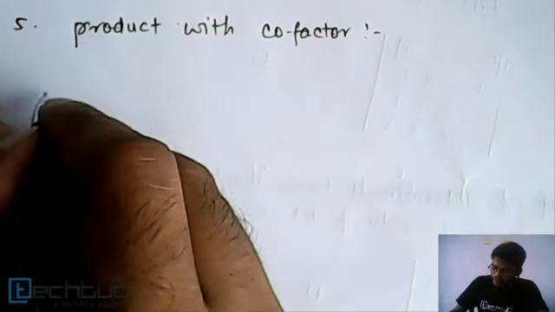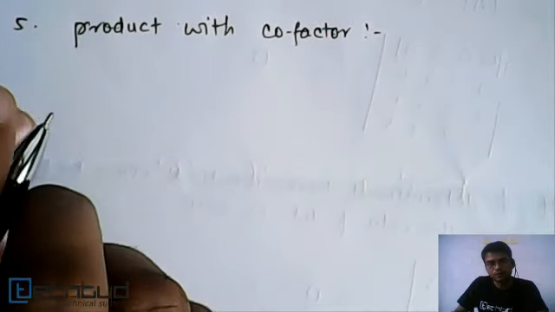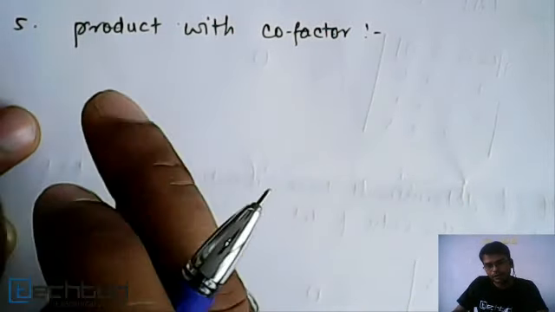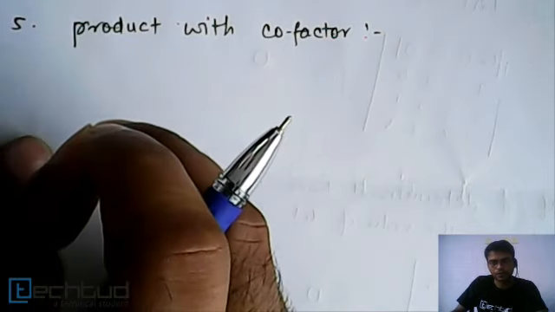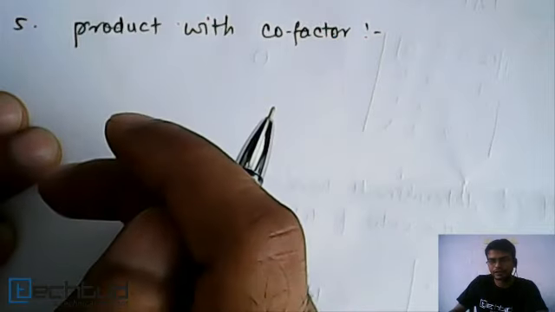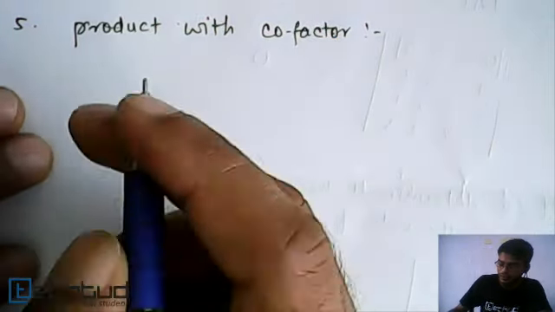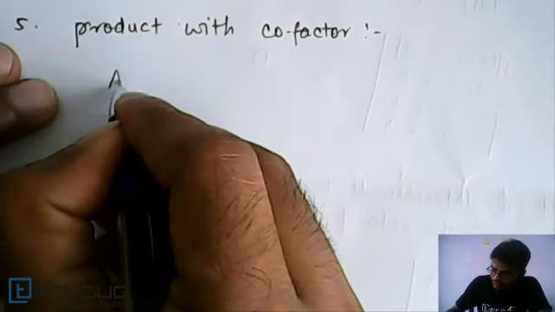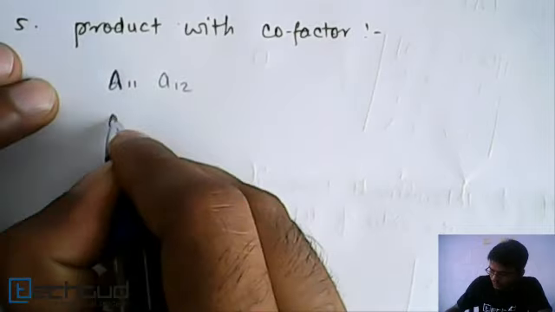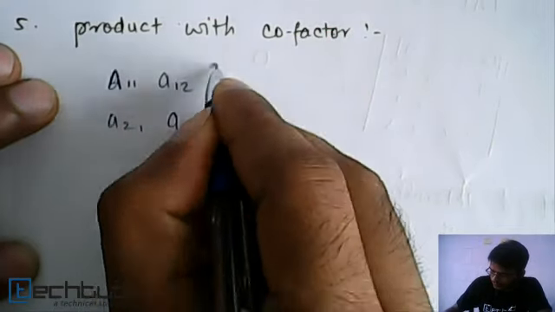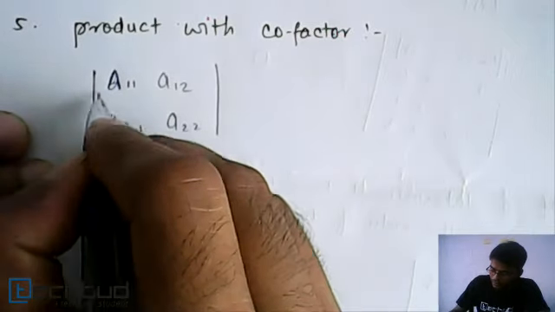In a determinant, the sum of the products of all the elements of a row with their cofactors gives the original value of the determinant. I also explained this in cofactor. For example, a11, a12, a21, a22.